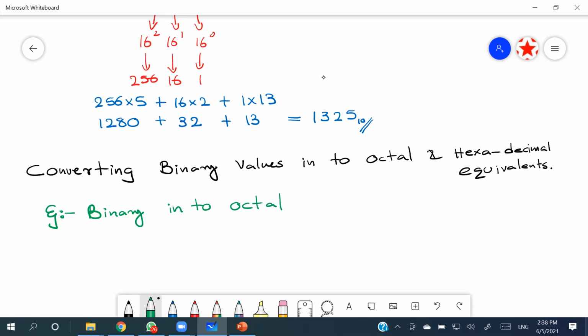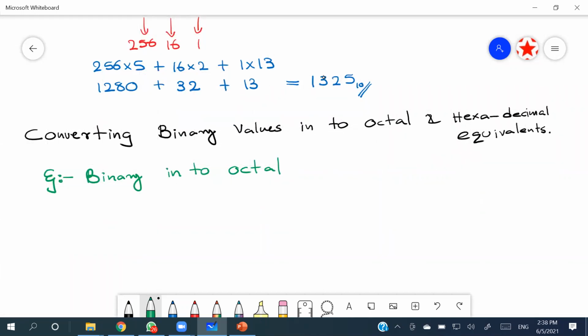So when you do binary into octal, first of all, I have to take your attention to this. Binary, the base is 2, and octal, the base is 8. Mathematically, we know 2 to the power 3 is equal to 8. I'm writing this for a reason; you really don't need to write this when you are doing the calculation.